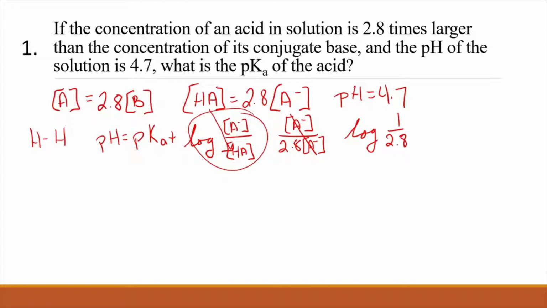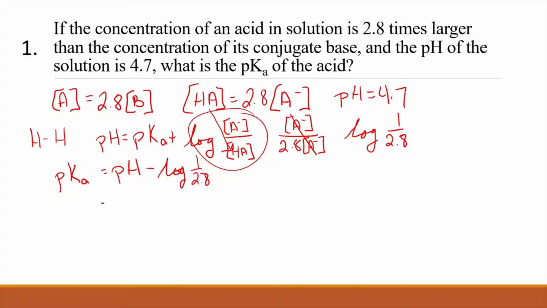And so the log of 1 over 2.8 is equal to negative 0.447. So we can rewrite this equation to solve for pKa. Oops, sorry, I got ahead of myself. So rewriting this, pKa is equal to pH minus the log of 1 over 2.8.